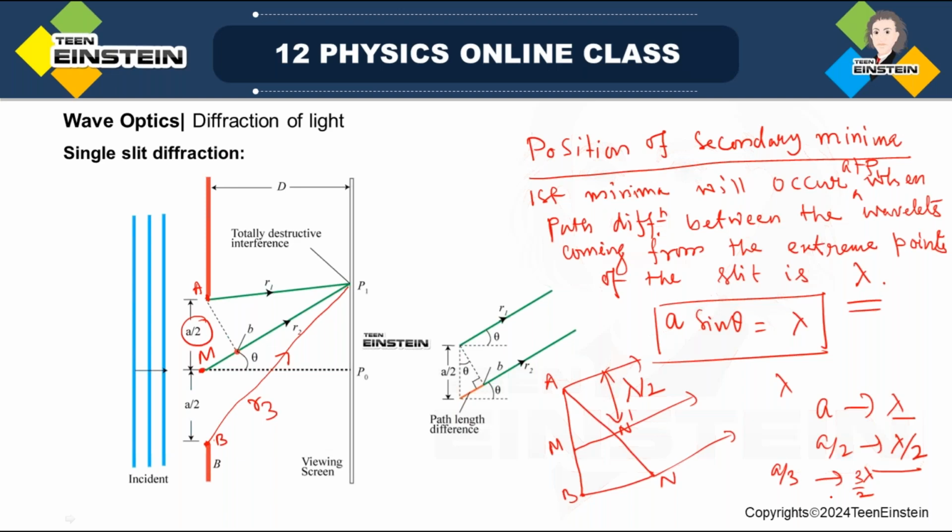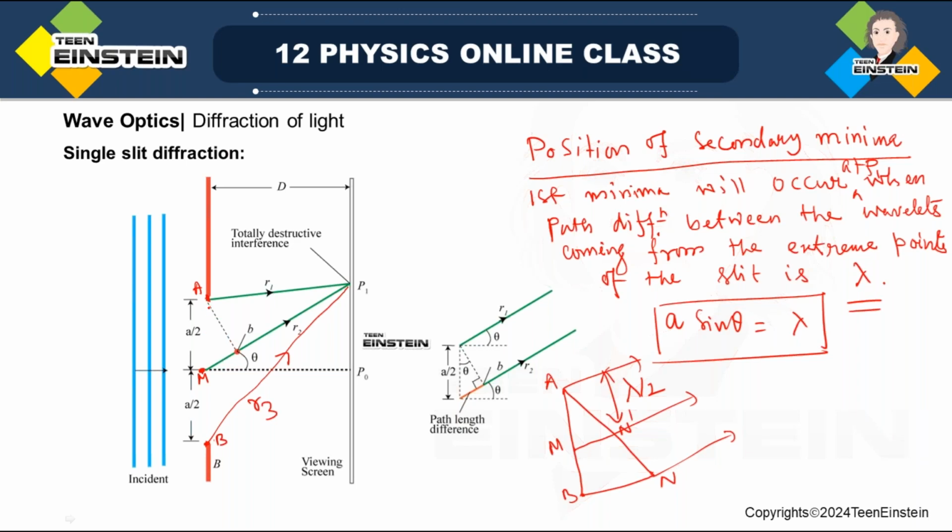All right, so let us now see how this point P is going to be a dark point. See, if I divide the whole slit into 2 equal halves, then the rays from point a and point m, where the slit width is a by 2, will have path difference lambda by 2 between them.